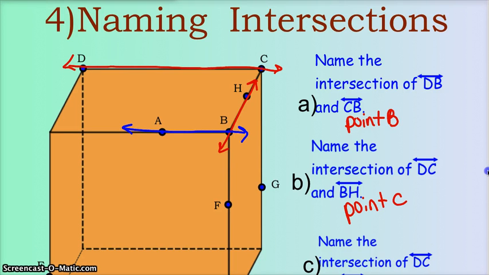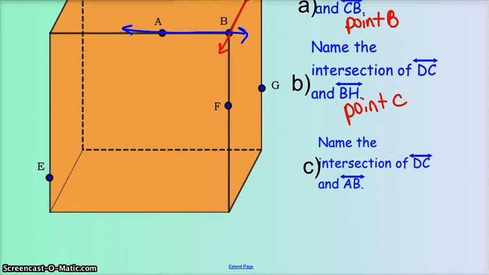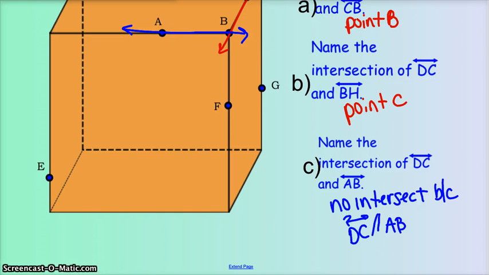These have no intersection, and the reason is that line CD is parallel to line AB.